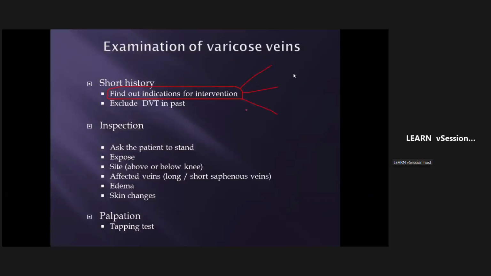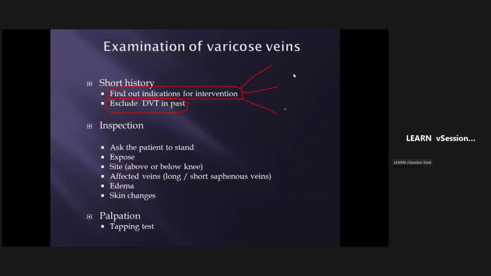If the cause is obstruction, then you don't want to treat the superficial veins and destroy them, because when the deep veins are obstructed, it is the superficial vein which is helping. And what the patient wants also. So why I am saying this is that varicose veins are common.